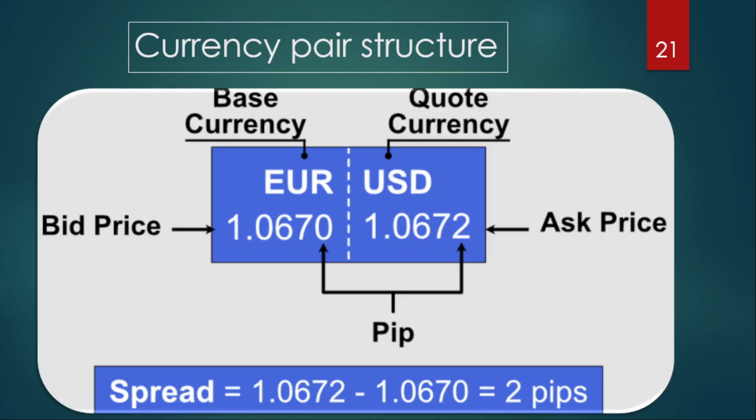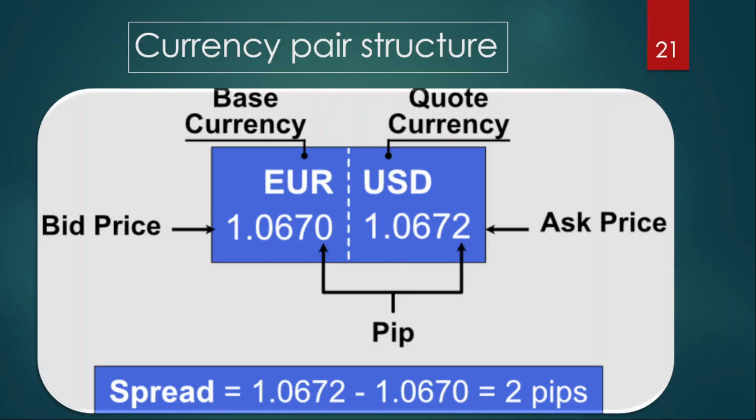The first price that we see written, 1.0670, is called the base currency price, but you can call it the bid price. The second price that you see for the quote currency is called the ask price.